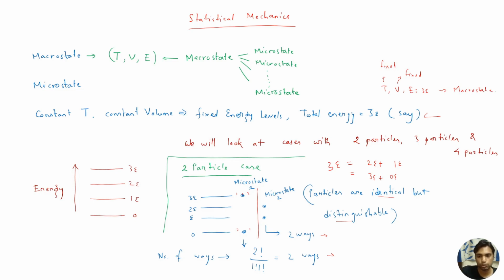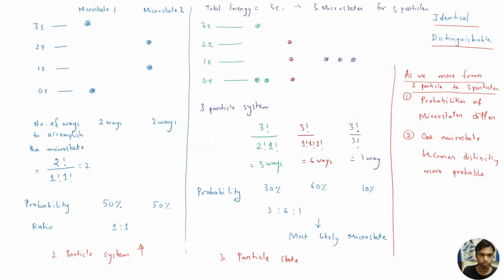Now what happens if we increase the number of particles, let's say to 3 particles? When we have 3 particles, the number of ways in which the energy 3e can be obtained also increases.